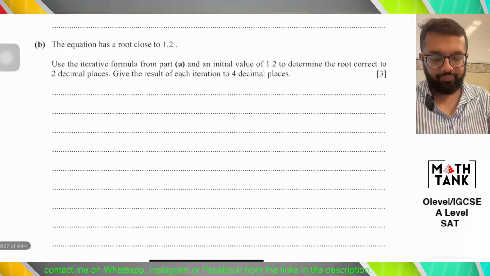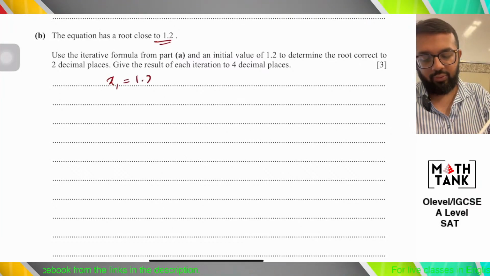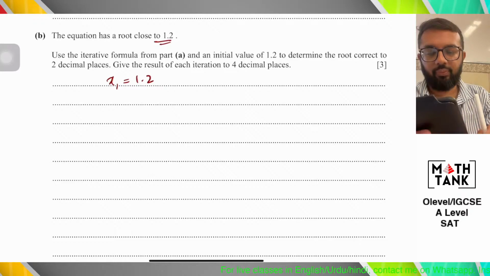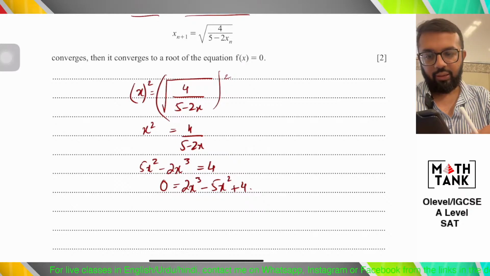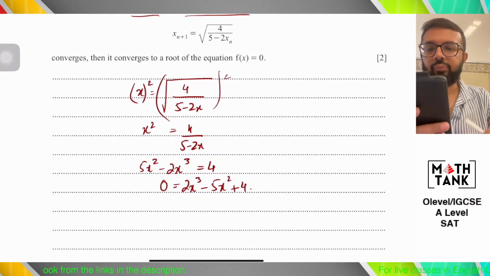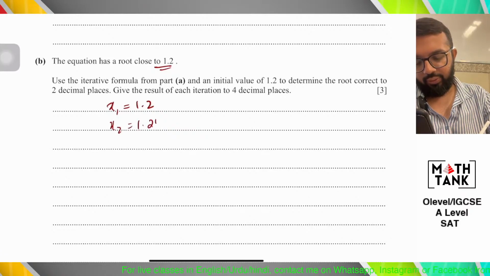Okay, that is simple. The equation has a root close to 1.2. So x1 is 1.2 then. And then I do my normal calculator. So 1.2 equals 2, and then I need to type this entire thing out. X2 is getting me 1.2403. So 1.24.